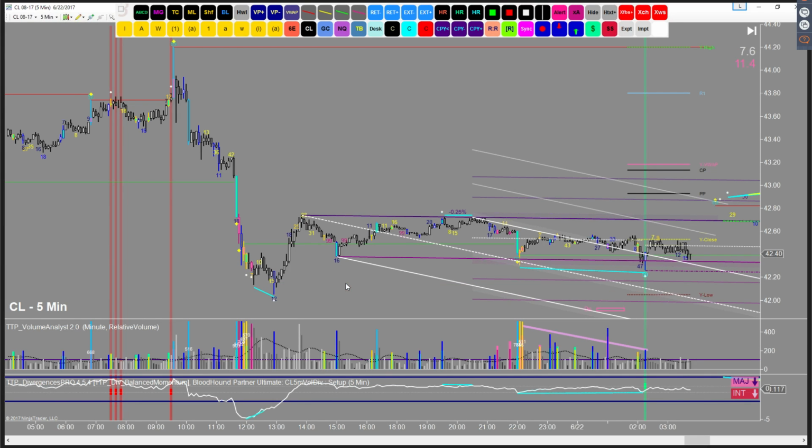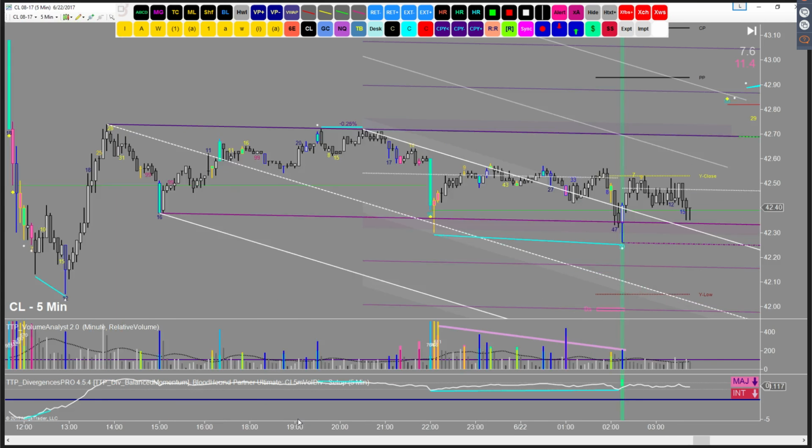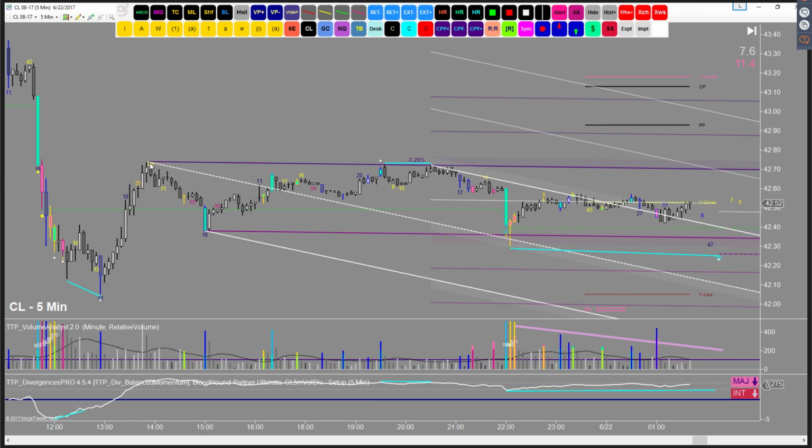Supply and demand is a function of the previous areas of supply and demand. That's why the market geometry works. Essentially what you're doing here is you're identifying the area where supply came in. That's the swing high here. This is where supply came in.